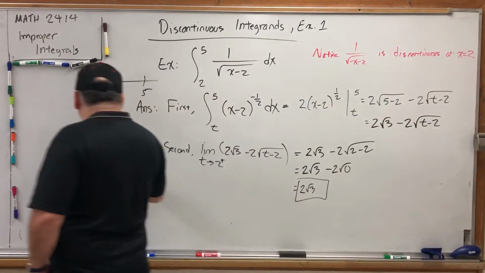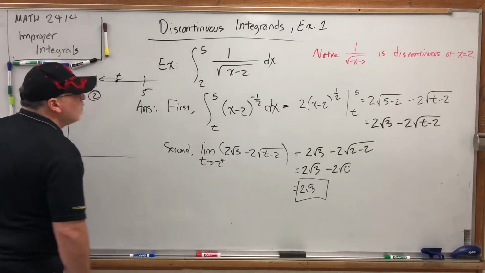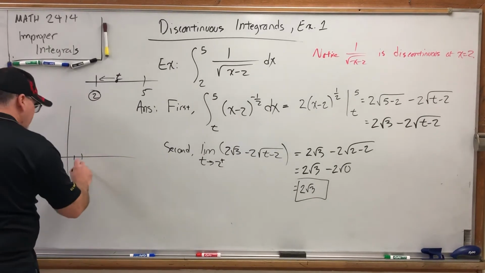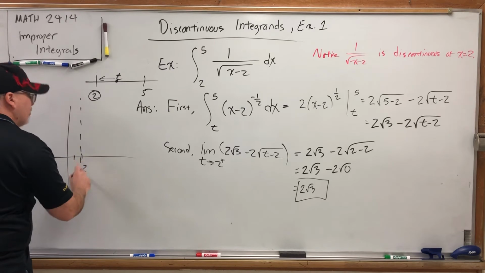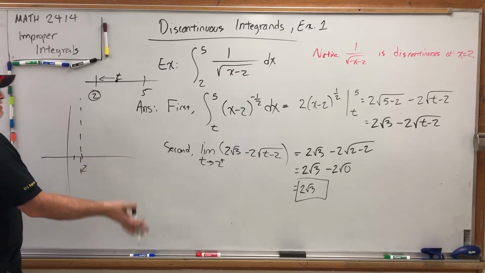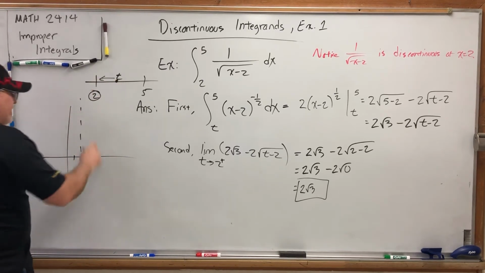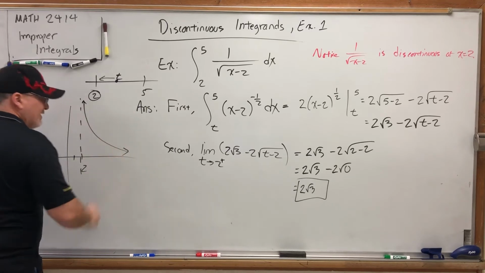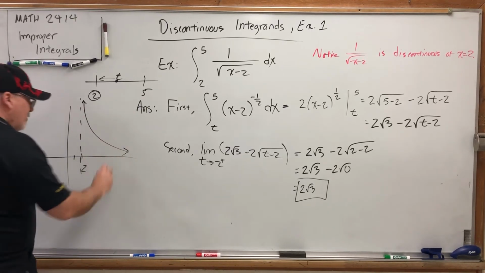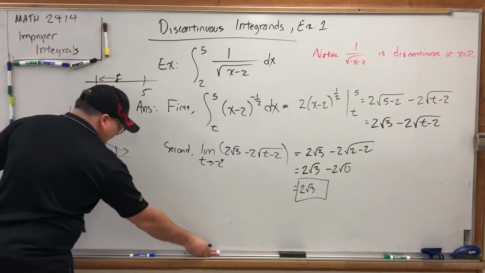The graph of this would look something like, let's see, it would start at 2. It would have a vertical asymptote, and it would only exist on the right side, because on the left side, we would get square roots of negatives. So it would have something that looks like that, and we're saying that when we go from 2 to 5, we get a finite area.